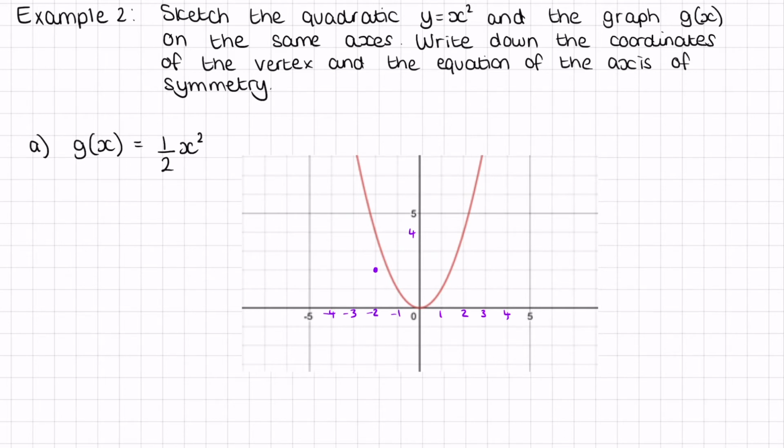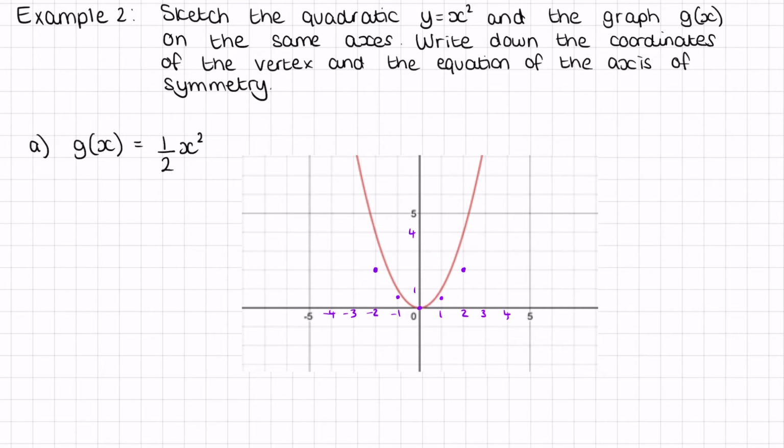Negative 1, 1: the x value stays the same, so it'll still be negative 1, but now we're going to half the 1, so it'll be a half. It will still stay at 0, 0, because we half 0, we get 0. 1, 1 will then be at 1, a half. The 2, 4 point will now be at 2, 2, because we're halving the y value.